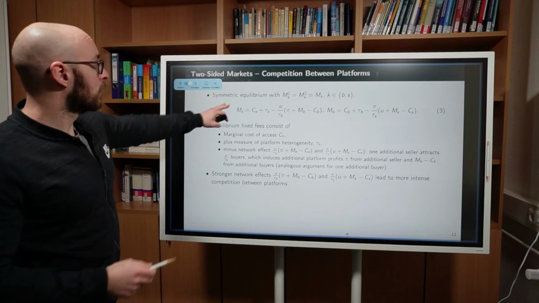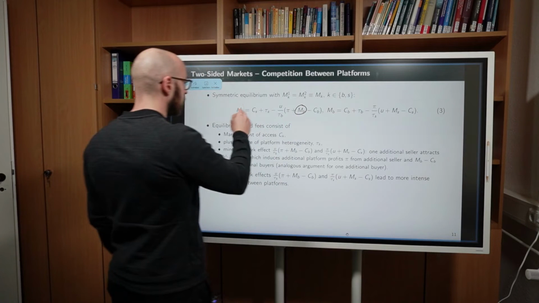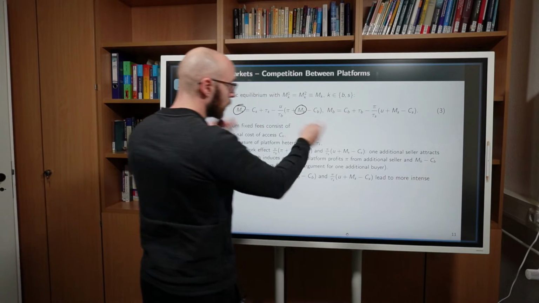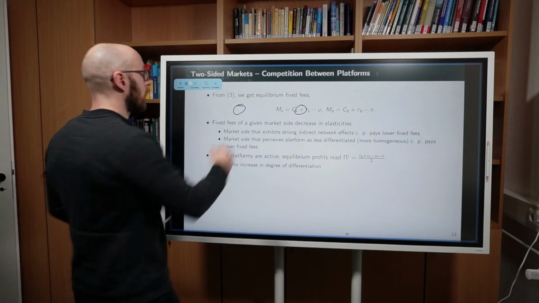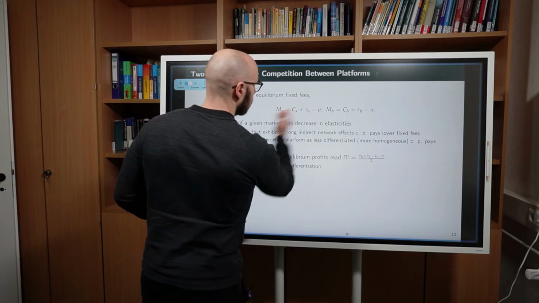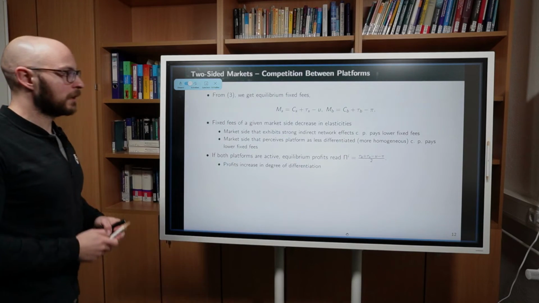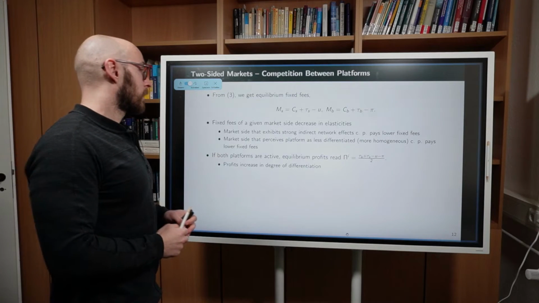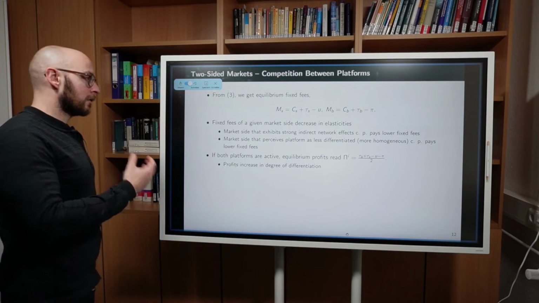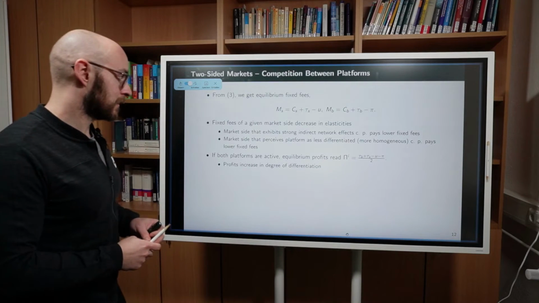Now, in expression 3, we have, again, ms as a function of mb. So all we have to do, again, is two equations and two unknowns, and we can solve that for ms and mb, and we will get to this term here. And that's pretty straightforward to interpret.